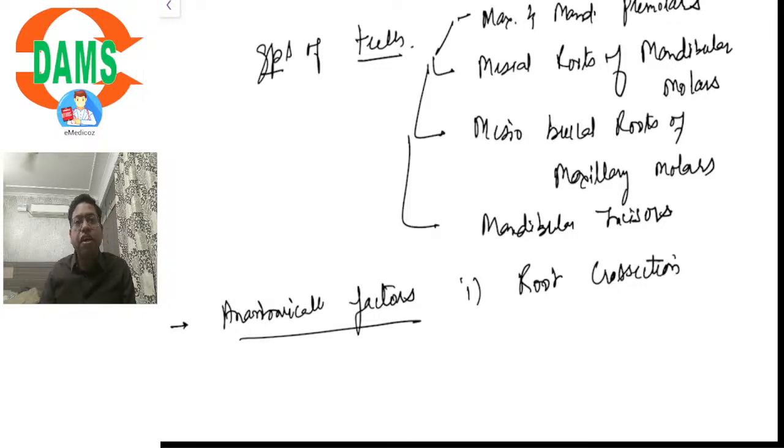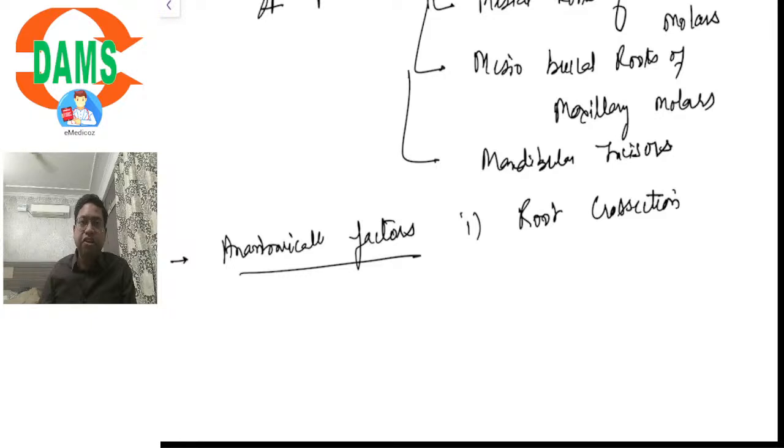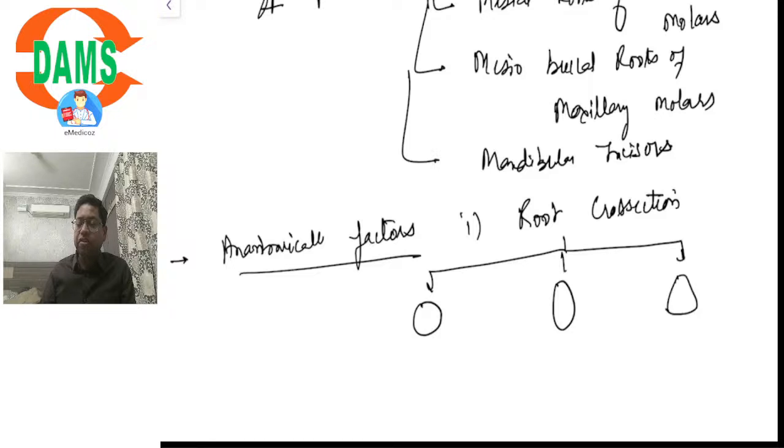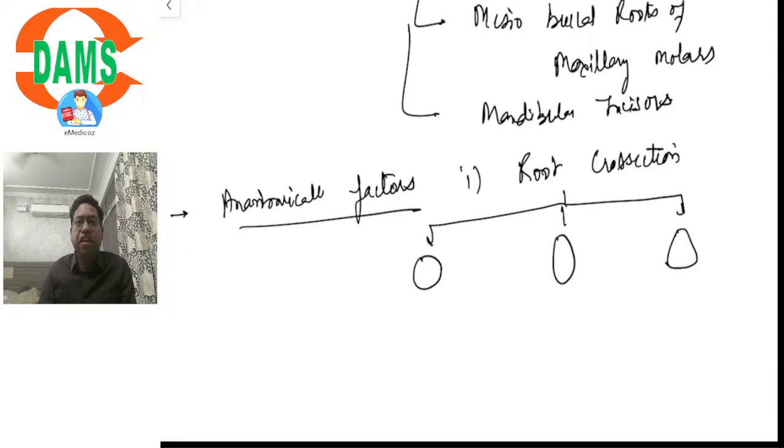From the knowledge of dental anatomy, you must know that the roots of the teeth can have either round, oval, or triangular cross section. Different groups of teeth can have roots which can be either round, oval, or triangular in cross section.